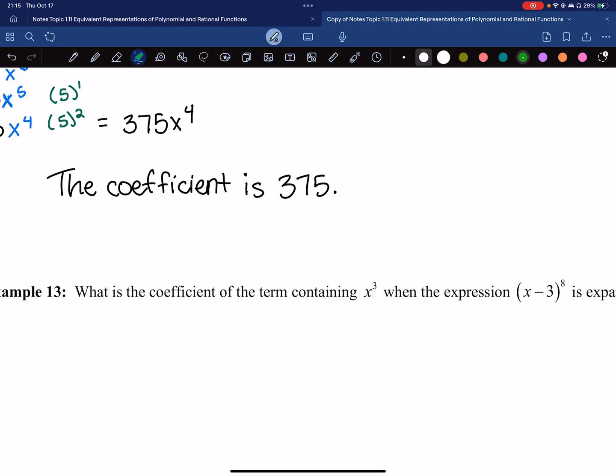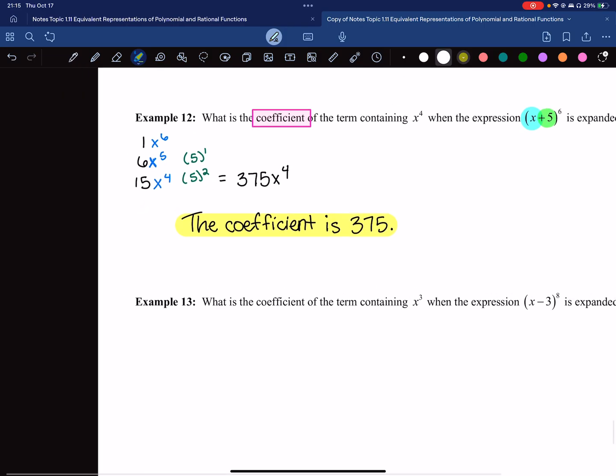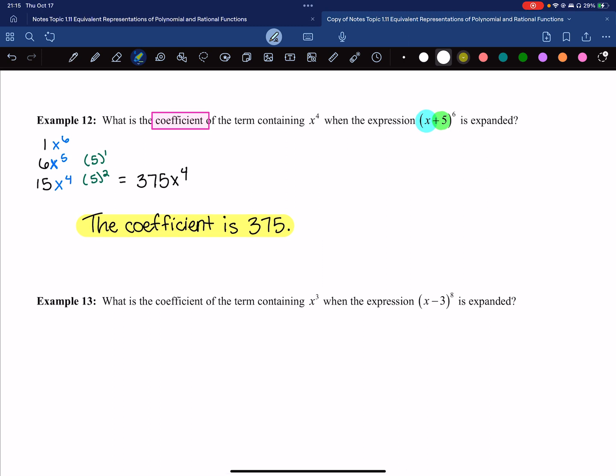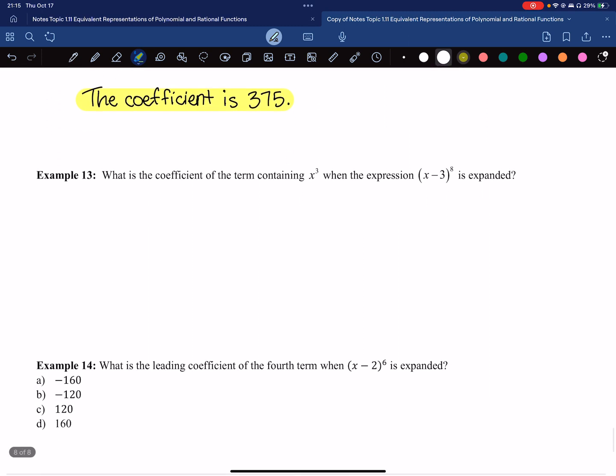It does not want the x term. If you list the x term and you list the wrong x term, you could potentially lose credit. So only answer what it wants. Okay. Now, example number 13 will be covered with the calculator.